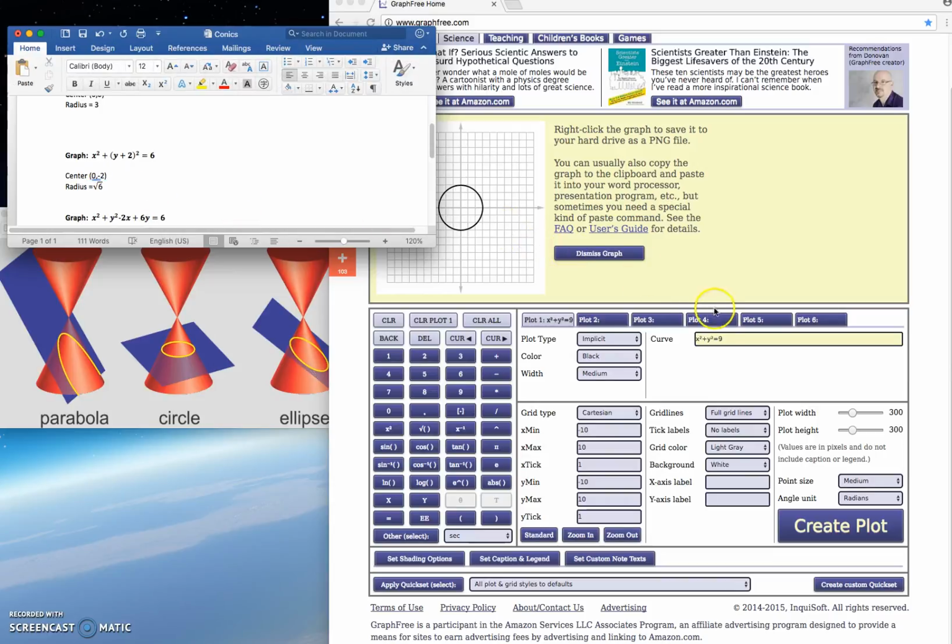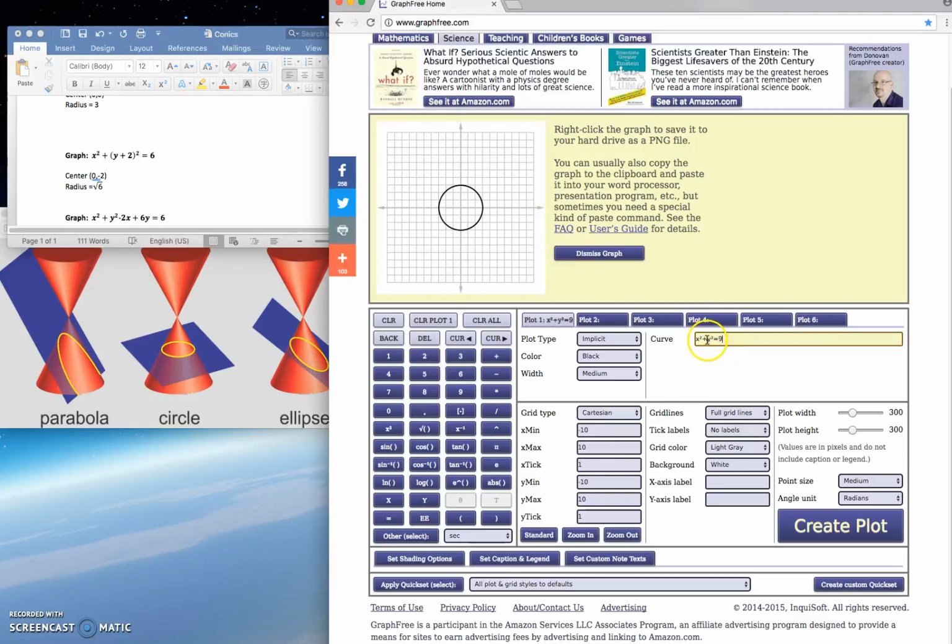Let's see if I can figure out how to do that on this software. So that's x squared plus a quantity of y plus 2 quantity squared, and that's going to equal the square root of 6. There's my square root button.